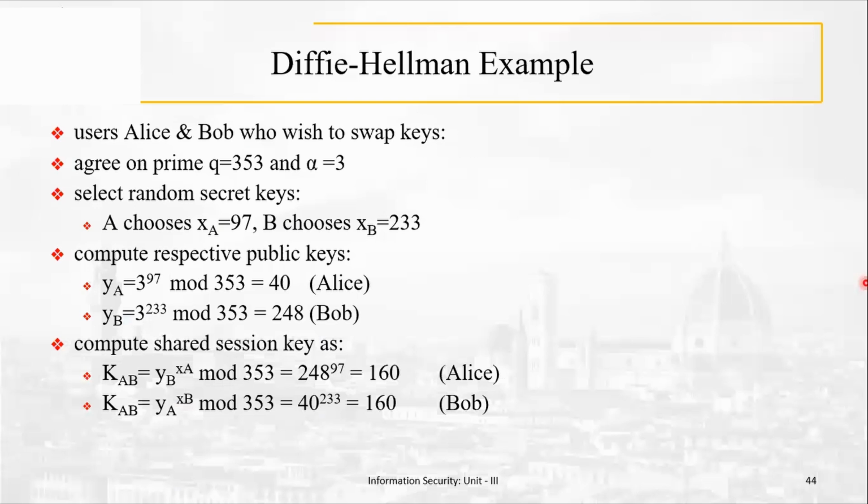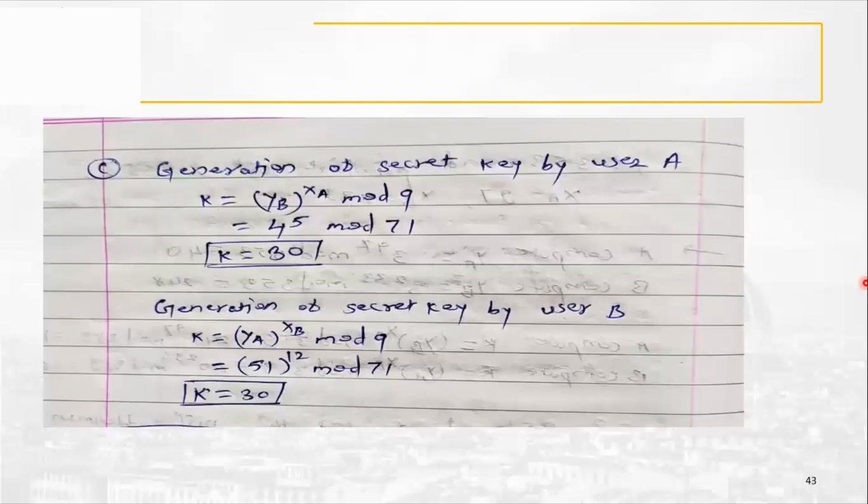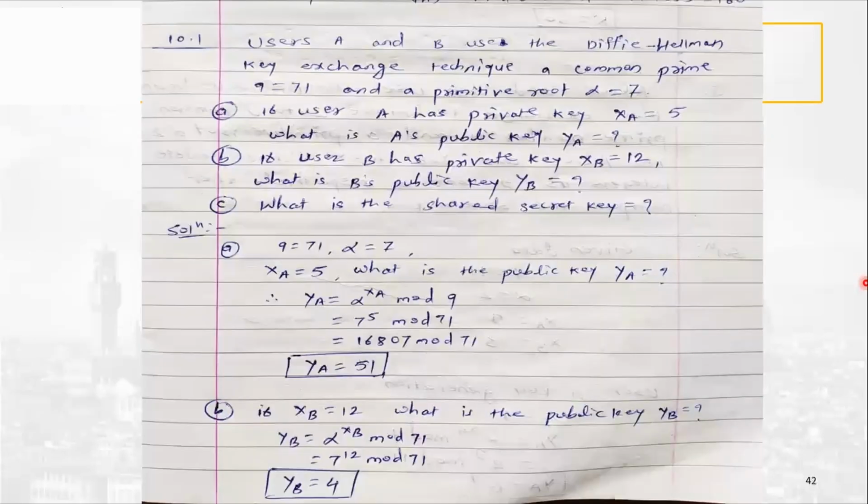Let me go to the next. Try to see whether this one is okay. User A and B use the Diffie-Hellman key exchange technique with common prime 71 and primitive root 7. The problem goes like: if user A has private key as 5, what is the public key? If user B has chosen private key as 12, what is the public key?